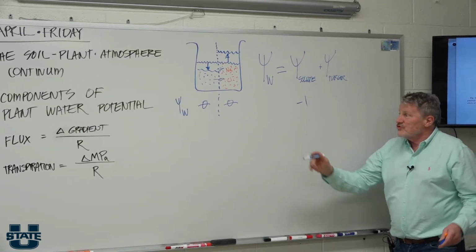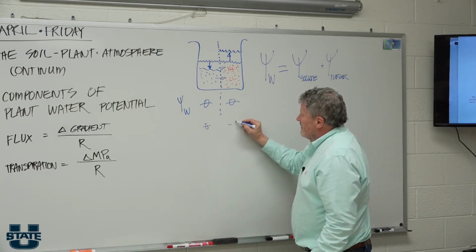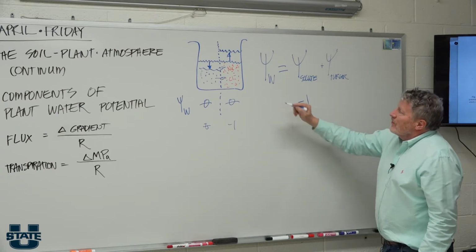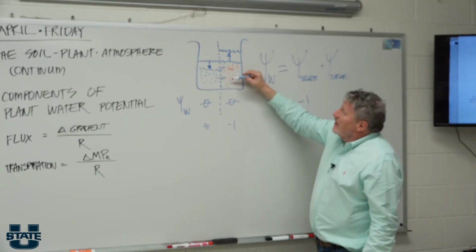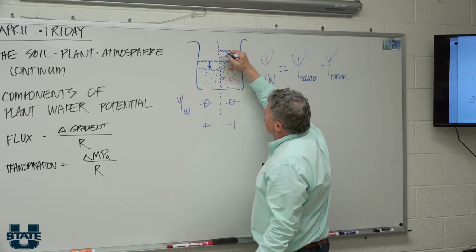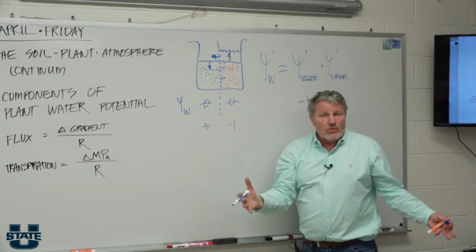A negative. It was 0 on one side, so now we'd have 0 on this side and -1, and the water moved over there. But look, we made a column of water. It doesn't keep moving forever. It raised this water, so now there's a pressure potential pushing back that way because one side has more water than the other.